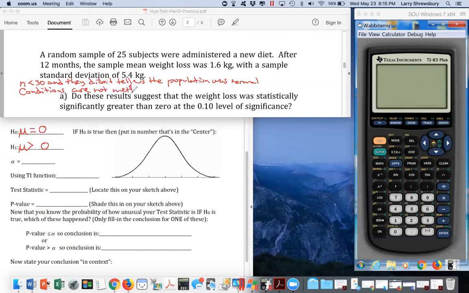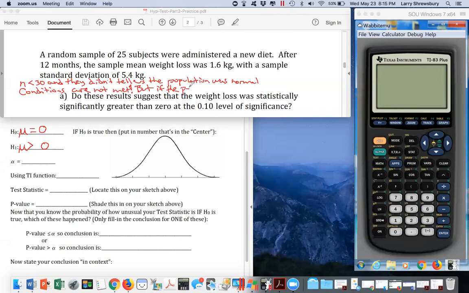Oh, mind you, throw an exclamation there. But if the population was normal, the conditions would have been met. So we'll just say that. Now notice this wouldn't apply in the world of binary data because populations aren't normal. In the world of quantitative data, they are. You do have a shape.